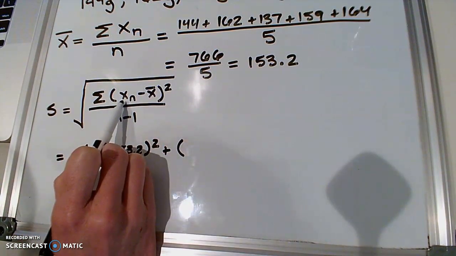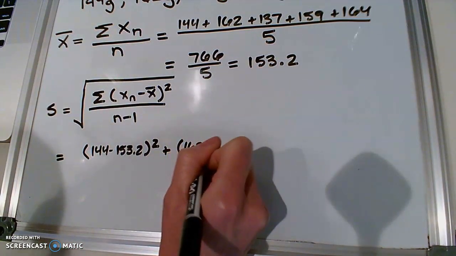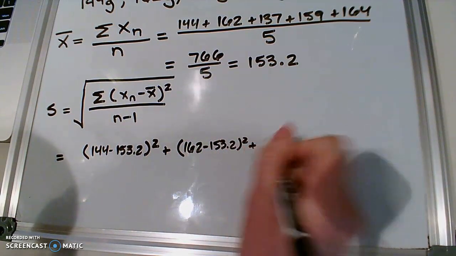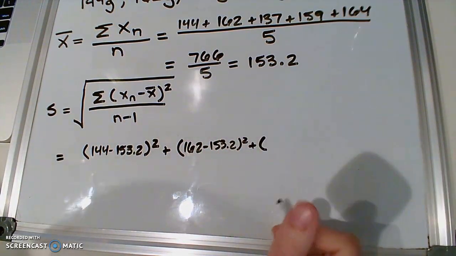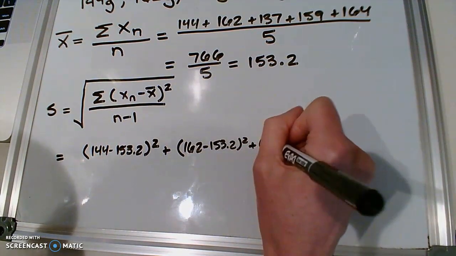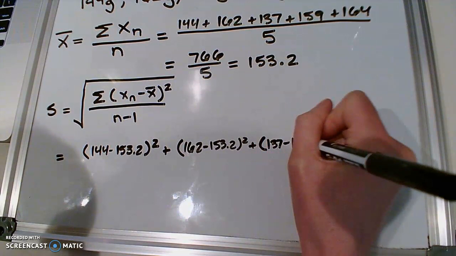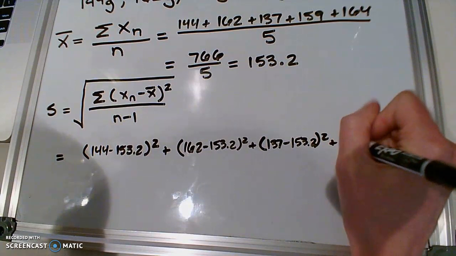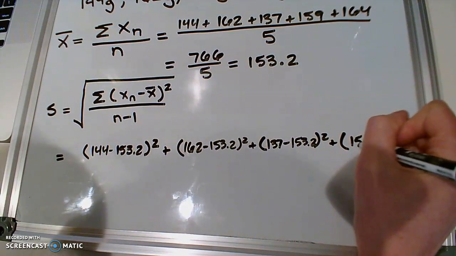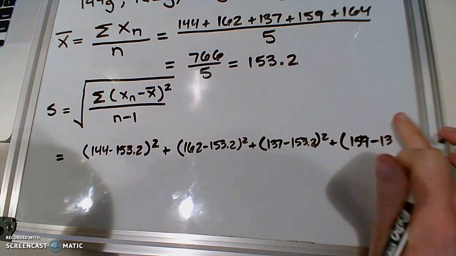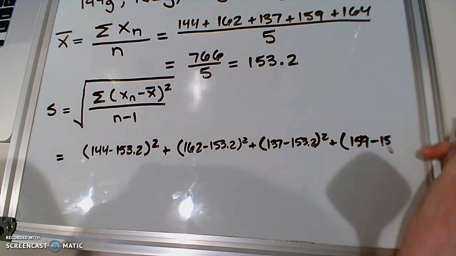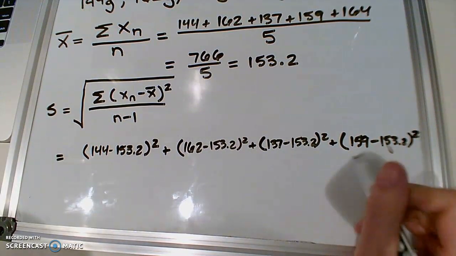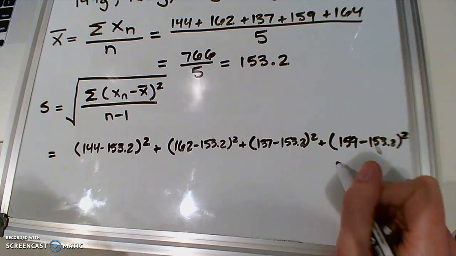And we're summing all of these, so again, plus. Then we go to our next one, 162 minus our average, 153.2 squared, plus, and we do this for all 5 of our values, 137 minus 153.2 squared, plus parentheses 159 minus 153.2 squared, and then we still have to add one more down here, but I ran out of board space again.